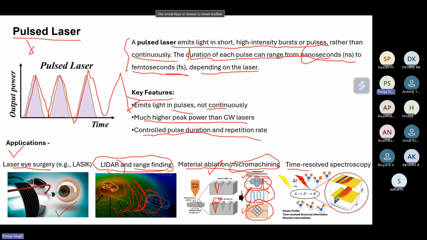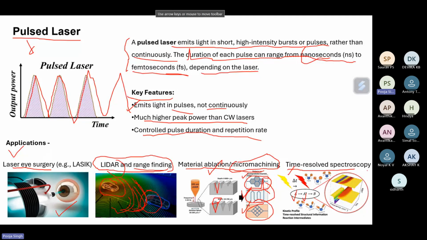Then another is time resolved spectroscopy. Time resolved means suppose you have one molecule, and it is undergoing an excited state. So in what time interval does that excitation happen, and how can you probe it?